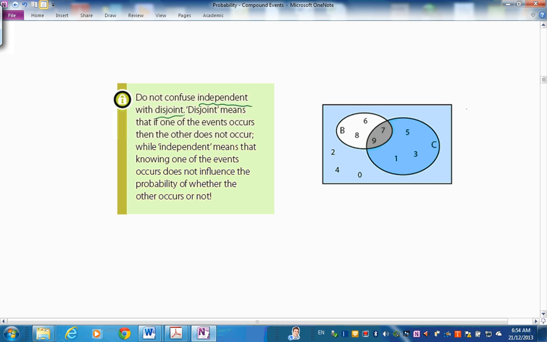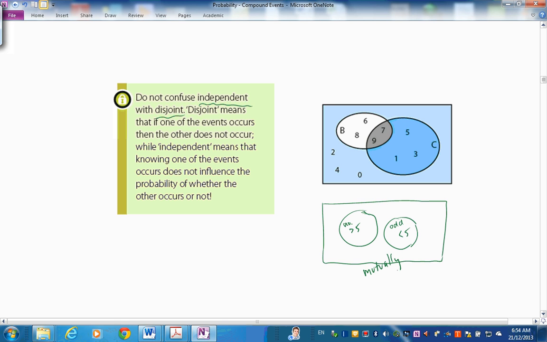Okay, so mutually exclusive means, unlike that diagram there that I've got for the first digit again of your mobile phone, I suggested another alternative, odd less than 5, and here another event where a number greater than 5, so that's 6, 7, 8, 9. This time they don't overlap, so these are called disjoint or mutually exclusive.